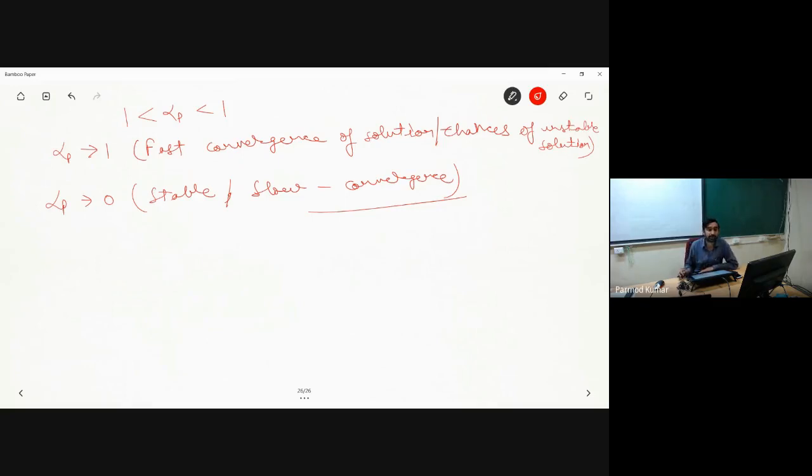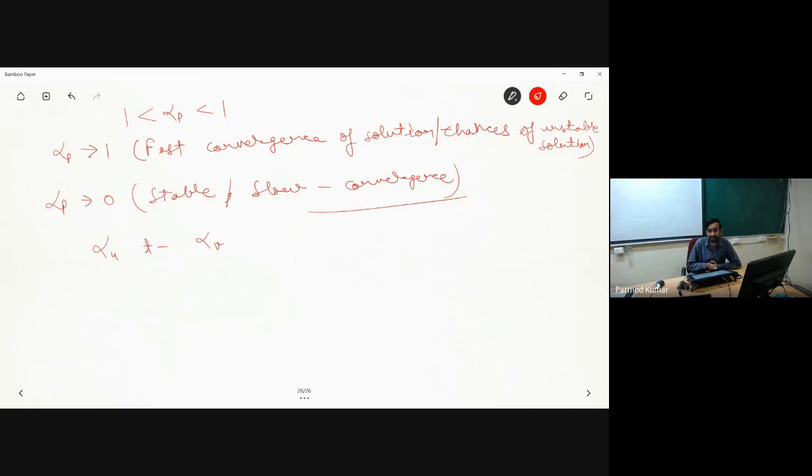Similarly, as we introduce the under relaxation factor for the pressure correction term, we also have under relaxation factors for the velocity terms. Generally we use alpha U and alpha V as velocity relaxation factors.